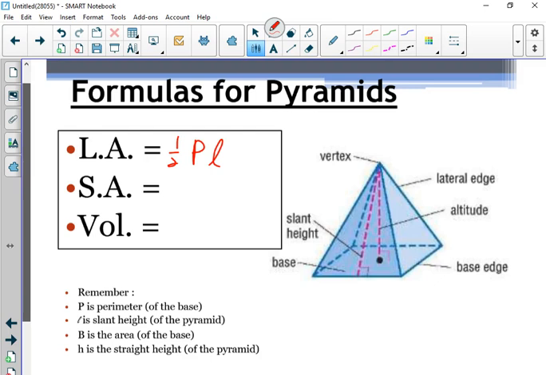Surface area is going to be that same thing, the lateral area, plus the area of the base. So once you have this number, you just put it down right there. And the volume of a pyramid is 1/3 the area of the base times the regular height. Remember, that's the altitude. And again, this number is going to go right down there.